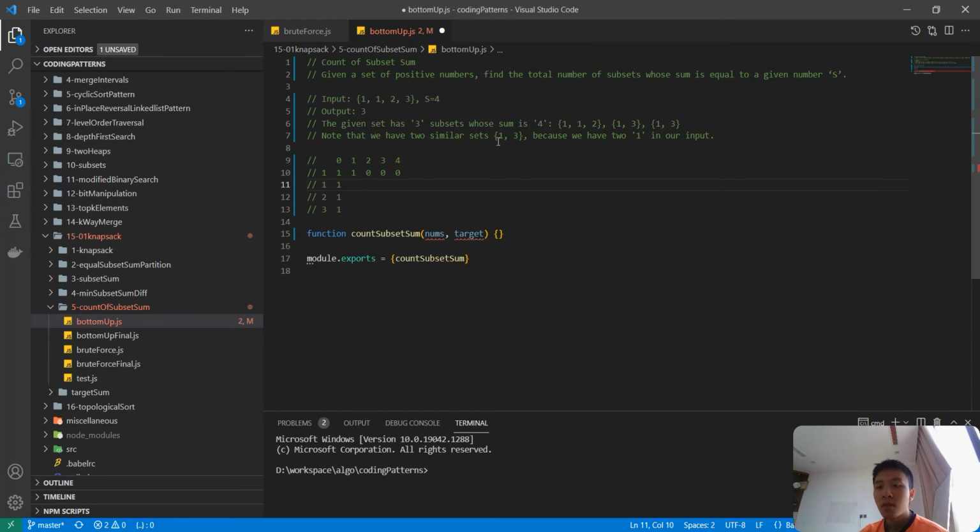So for both cases, we can find two subsets out of the two possibilities. Okay, move on to here.